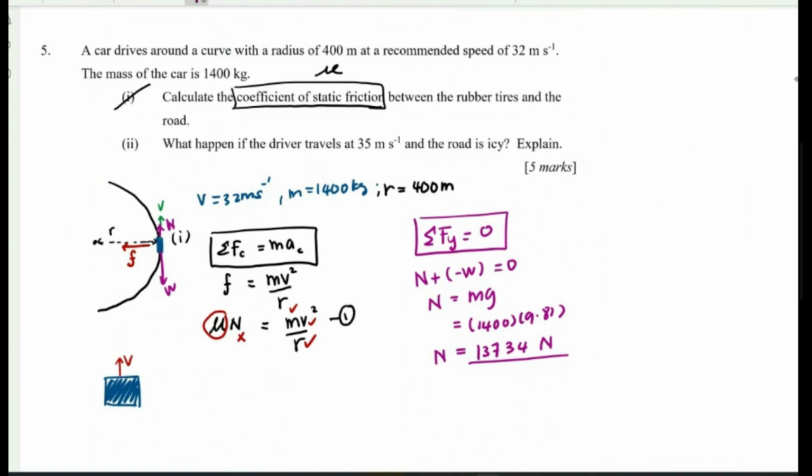Ini pandangan daripada atas. Faham tak? The direction of weight is into the page, into the screen, and then your normal force ni out of the screen, out of page. Boleh nampak tak? Faham. Dia 3D, dia susah nak tengok.